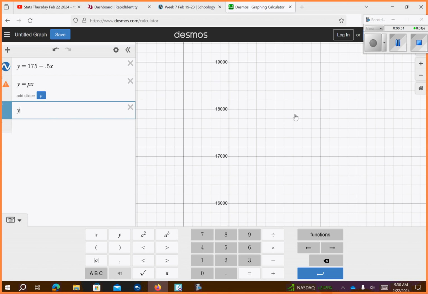So I'm going to go y equals parentheses, 175 minus 0.5x, and then close parentheses, and then it'll be times that outside x.